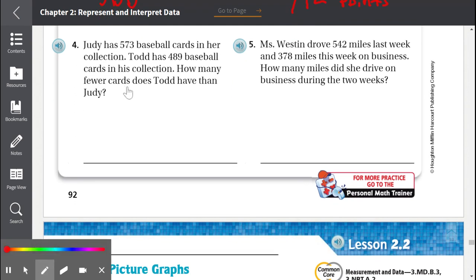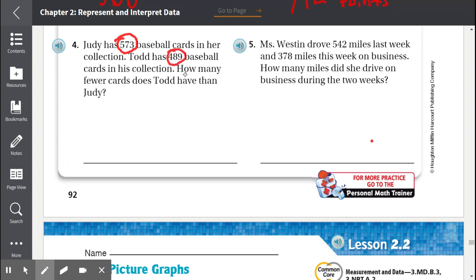Number 4. Judy has 573 baseball cards in her collection. Todd has 489 baseball cards in his collection. How many fewer cards does Todd have than Judy? So let's circle our important numbers and keywords. Judy had 573 baseball cards. Todd had 489 baseball cards.